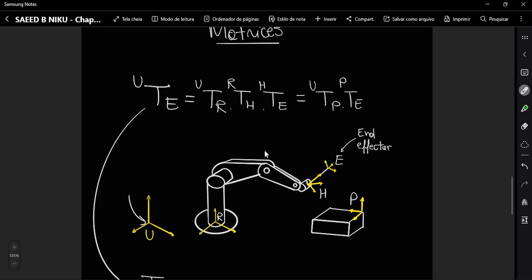One is from the workpiece, and the other is from the robot itself.